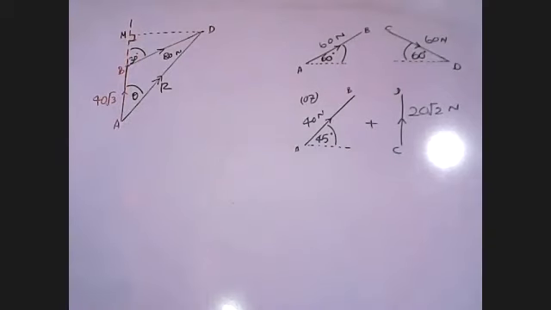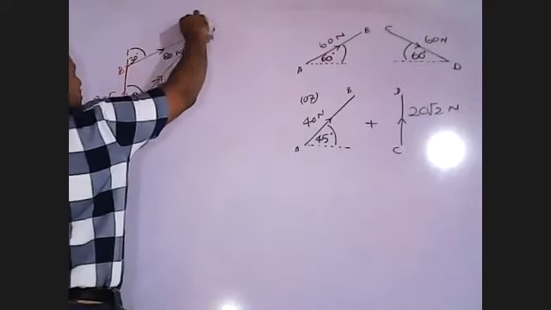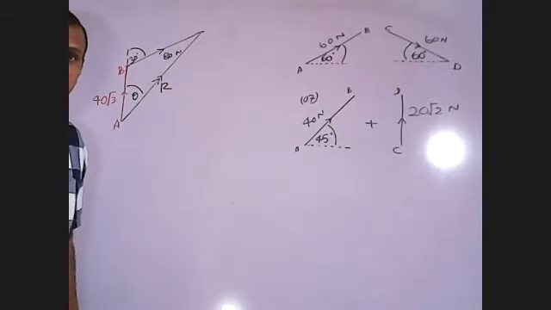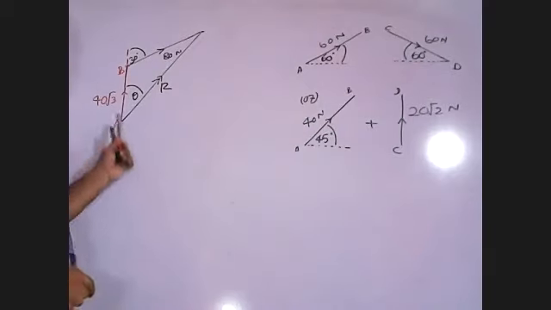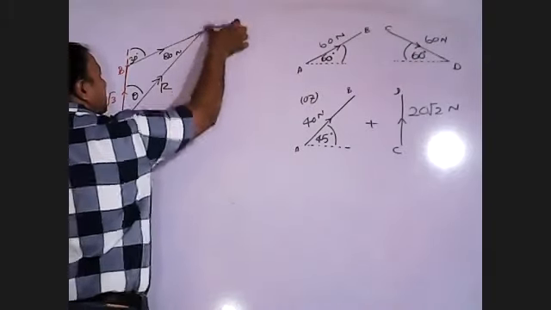Actually, the actual figure is here. This is the actual triangle when you are adding AB and CD.